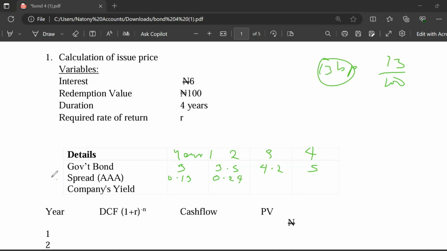For the third year, 37 basis points, that will give 0.37. For the final year, it's 49 basis points, which will be 0.49.